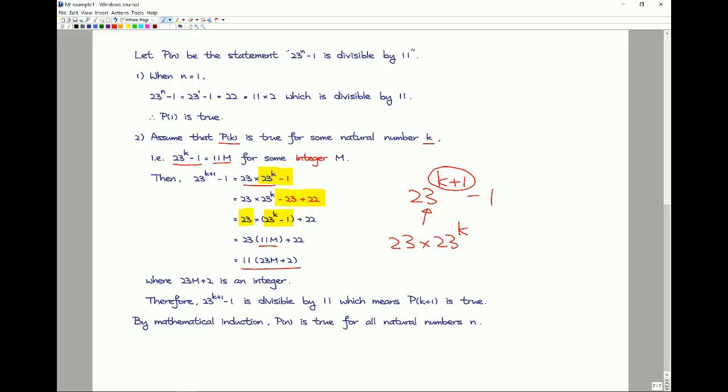Otherwise, we cannot conclude that 23m plus 2 is another integer, so that we cannot conclude this expression is divisible by 11. Now, Pk+1 is true under the assumption that Pk is true. By mathematical induction, the result follows, and it completes the proof.